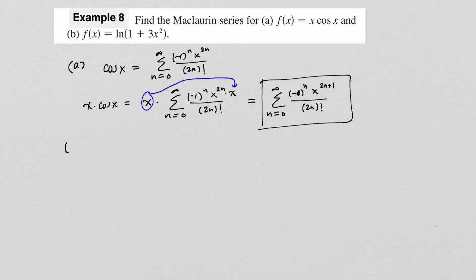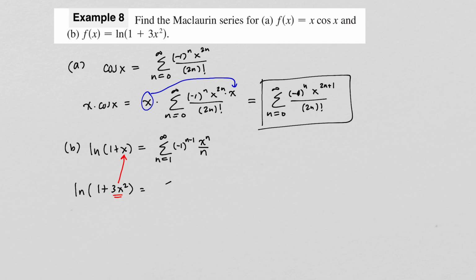For part B, we know the natural log of 1 plus x has a Maclaurin series summation n equals 1 to infinity, negative 1 to the n minus 1 times x to the n over n. So if we're looking for the natural log of 1 plus 3x squared, notice that we are just taking 3x squared and substituting it in for x. So we can do the same thing with the power series here.